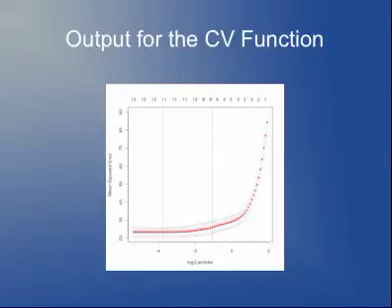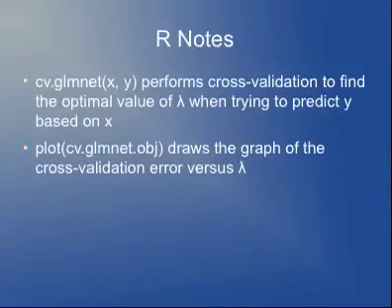And in general, if you go cv.glmnet x, y, it will try to find the optimal value of lambda to predict y based on x using cross-validation, and you can pass the output of this function to the plot command to draw the graph of the cross-validation error rate versus lambda.